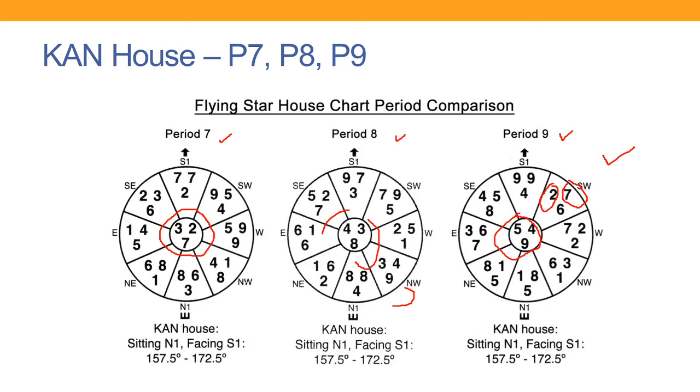One of these sectors might be better than another. So if you have a sector like this, 2, 5, and 1, it's actually not that great. Chances are you might not want to put your bedroom in this area. If you have a bedroom here, you would probably reconsider and maybe not use it as a bedroom.